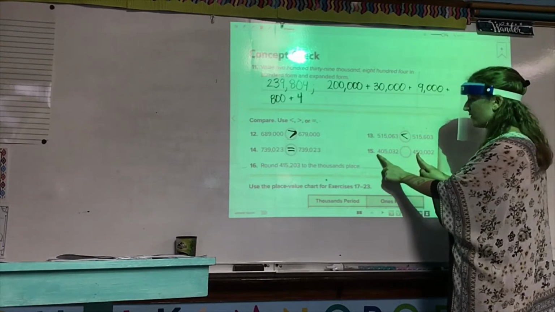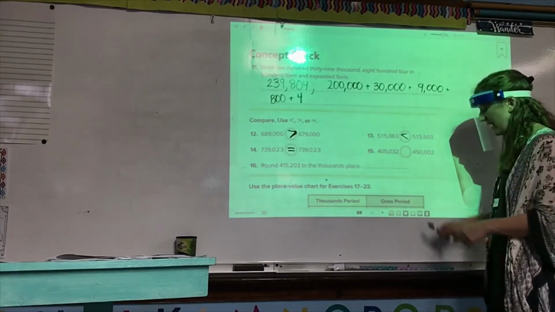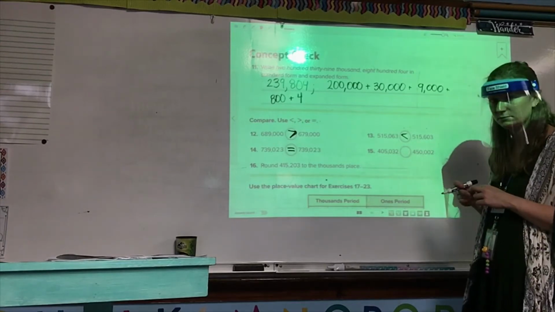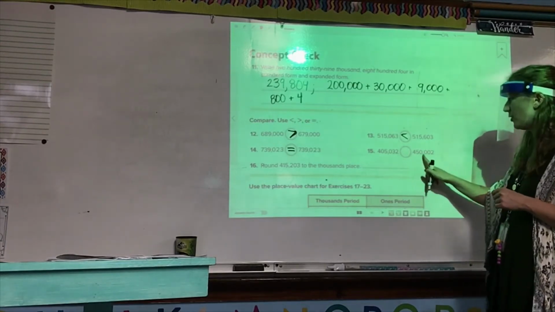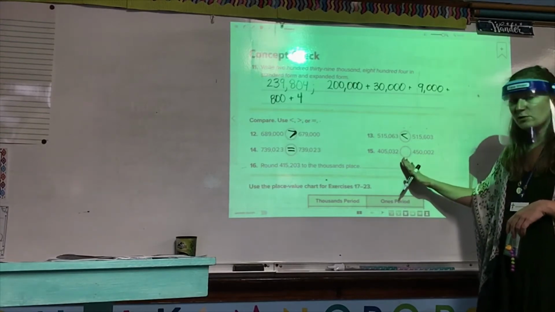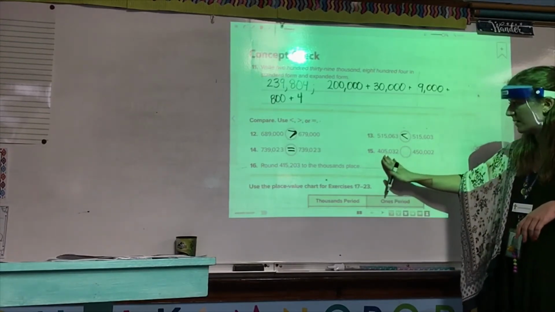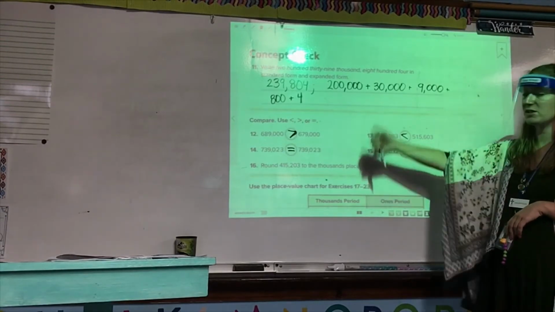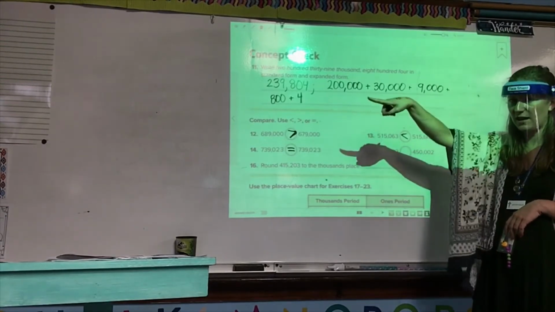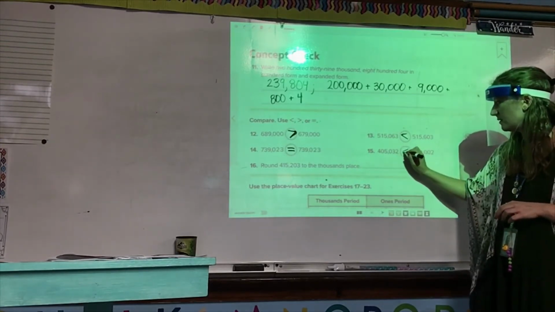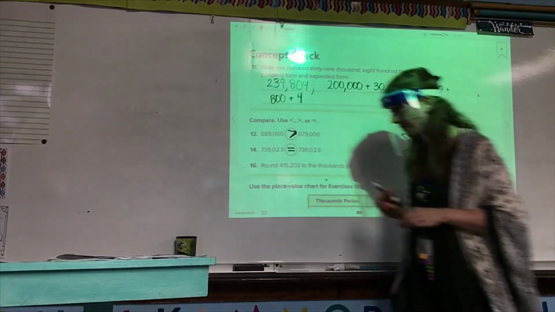So that means 405,032 has to be less than 450,002. Which way does my symbol point to show that the number on the left is less than the number on the right? Does the mouth open to the right or to the left? To the right. Very good.